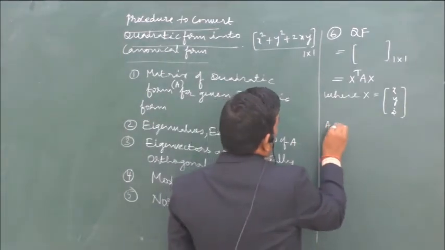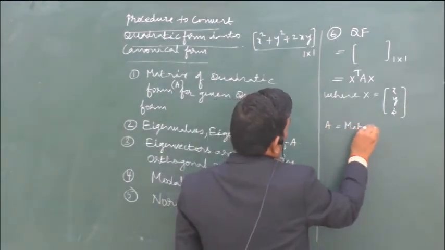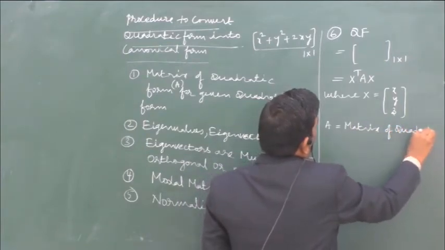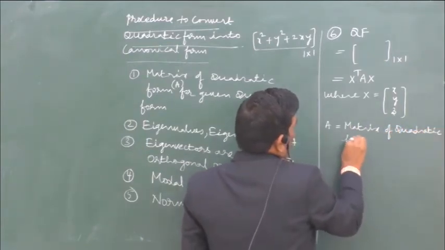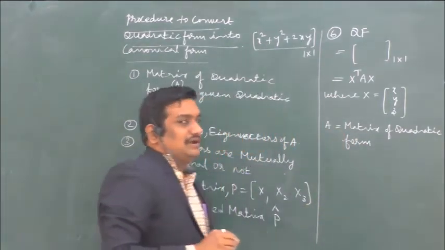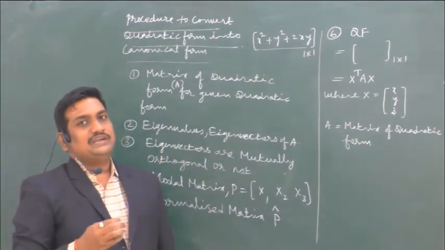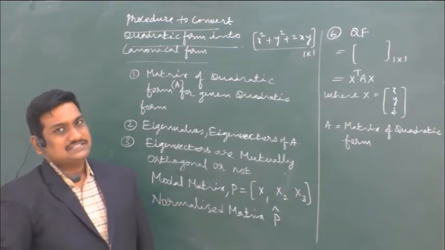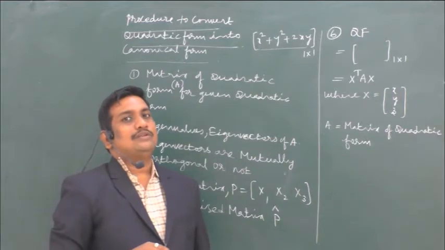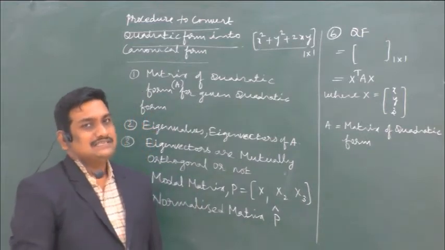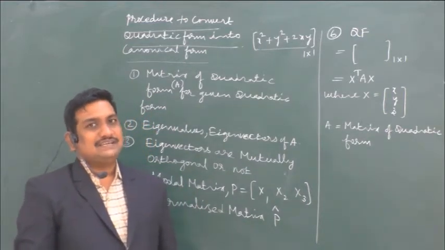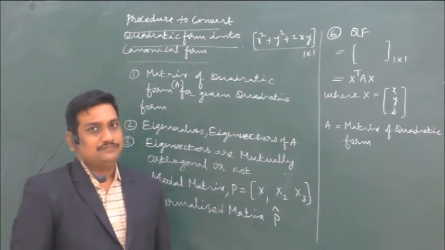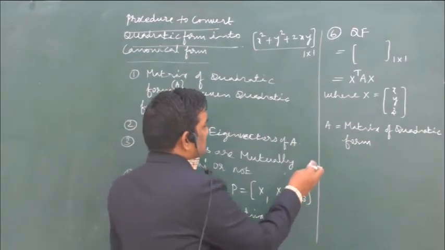And A is the matrix of the quadratic form, where capital X is the column matrix containing variables such as x, y or x, y, z. Now let us take a substitution.